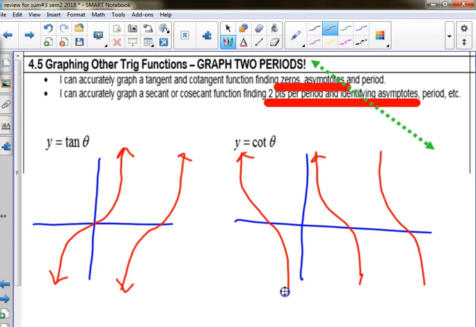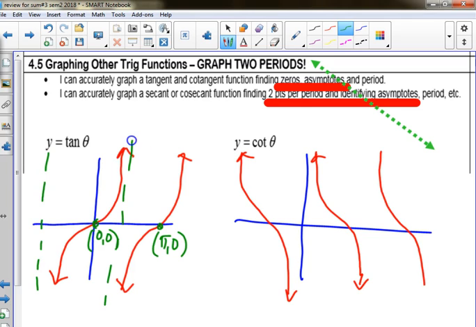That's not going to get you full credit until you do what? Okay, we got 0, 0, and how far until it's done and back there? Pi. That is 2 periods, but you need 3 asymptotes for me. What are the equations of those lines? Halfway between 0 and pi would be, and exactly that same distance on the other side.